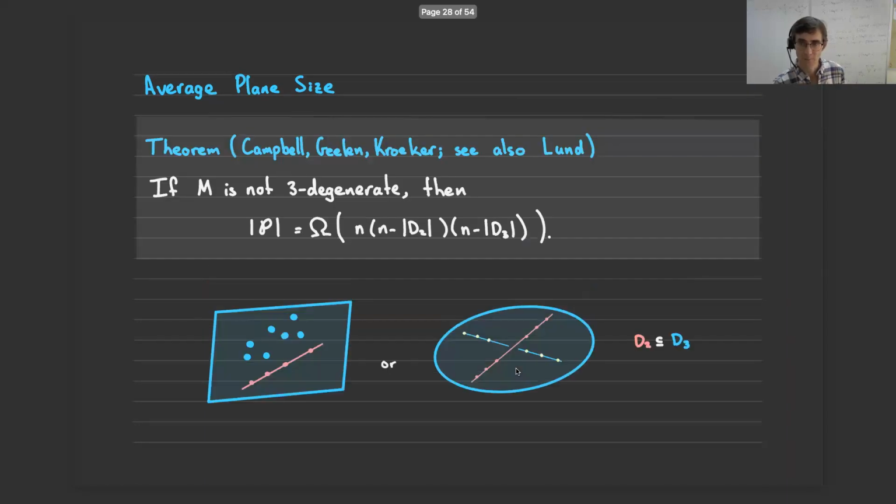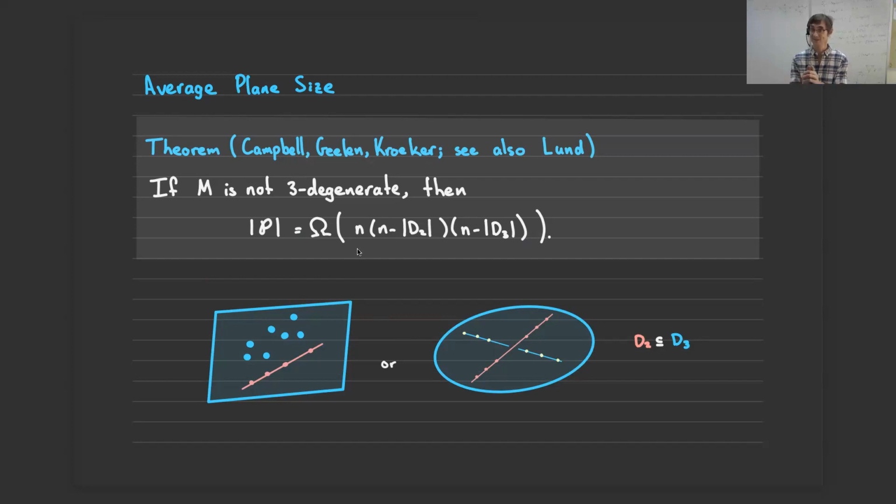And what we proved was, if you do that, and the matroid is not 3 degenerate, then you get a good estimate on the number of planes, an estimate that's correct up to a constant factor. And that estimate is n times (n minus the size of the 2 degenerate set) times (n minus the size of the 3 degenerate set).